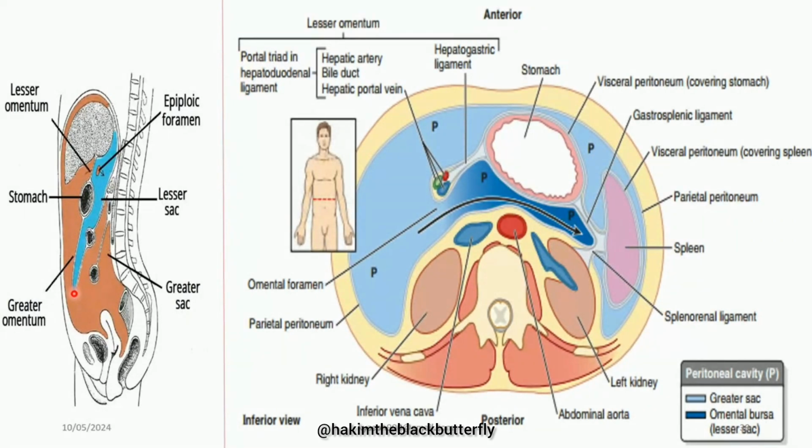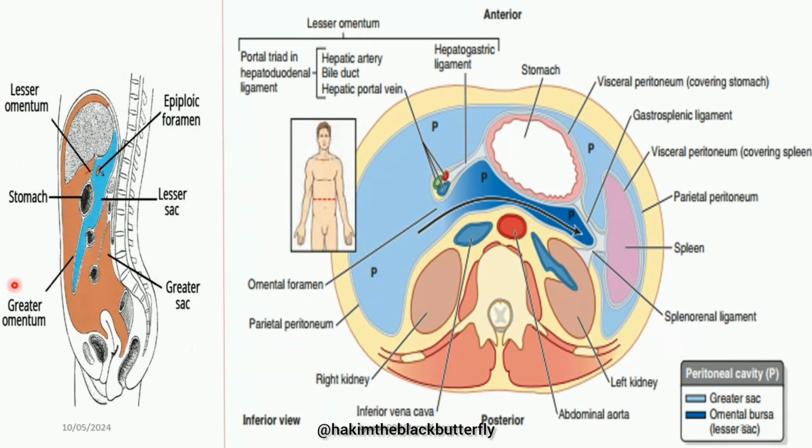Then they fold and extend to the transverse colon. So that makes it 4-layered. That's the meaning of that statement. So the 2 layers in front and the 2 layers in the posterior aspect extend to the transverse colon, which makes it 4-layered. And then this is just double-layered.